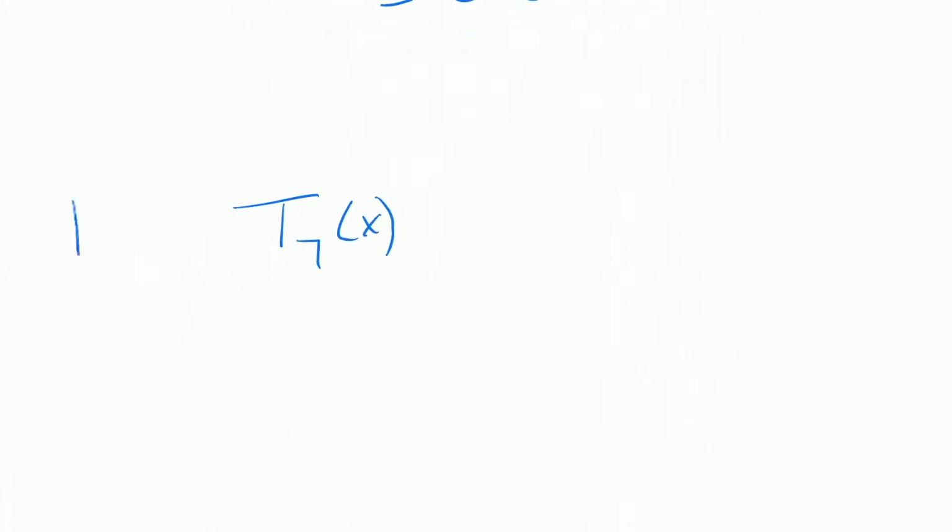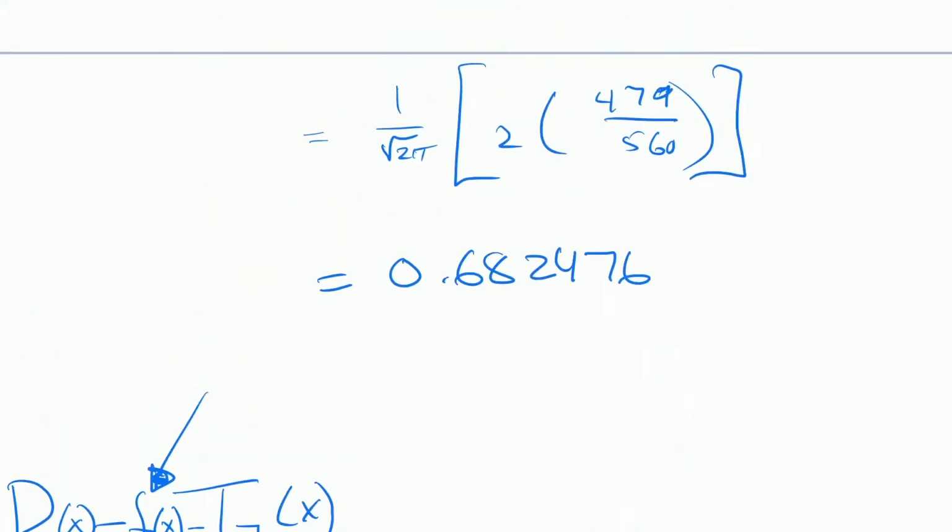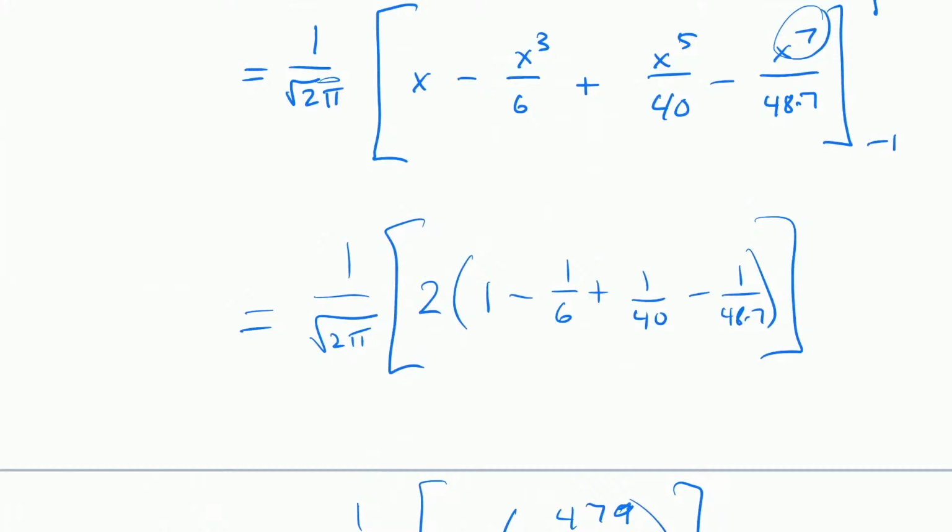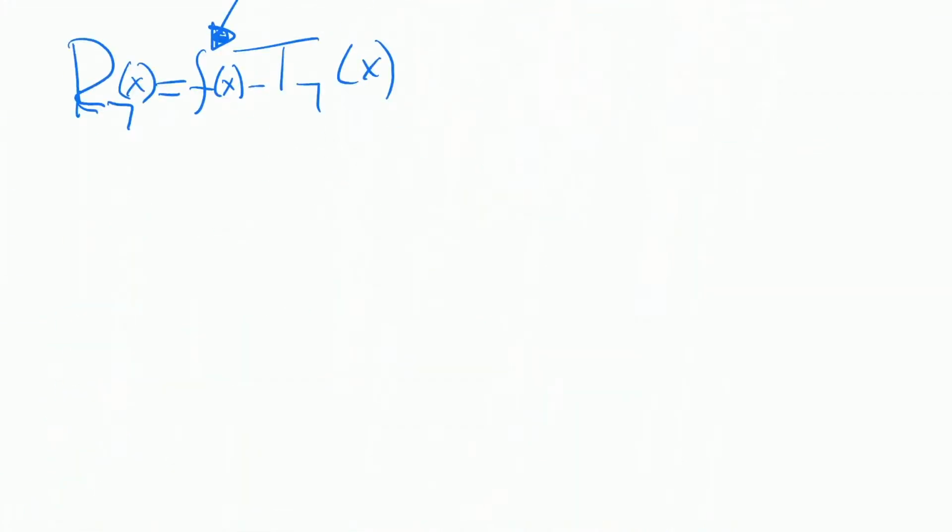And what we're looking for is the remainder, which is the actual function value minus the Taylor polynomial. And by this function, I don't mean the Gaussian distribution. I mean the actual integral, the actual antiderivative. That's what I'm interested in, how far off that antiderivative will be on this range.